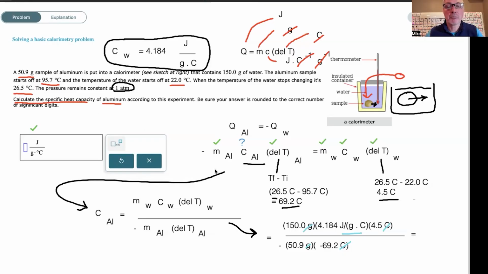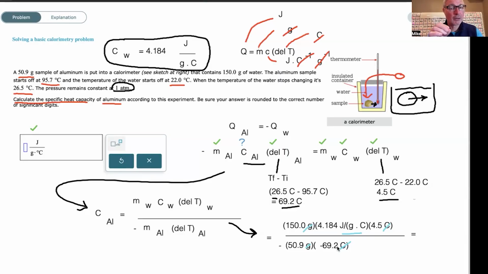I've got 4 significant figures in the mass in the numerator. Specific heat capacity is a table value. You can think of that as being infinite significant figures. It's not a measured number, so we ignore it. There's 2 significant figures in 4.5 degrees C. There's 3 and 3. This should have 2 digits when we get done.